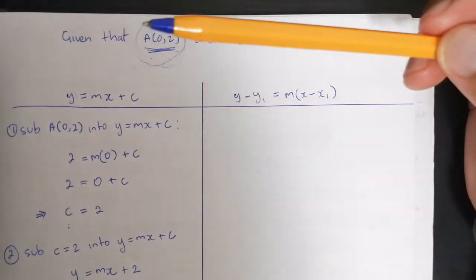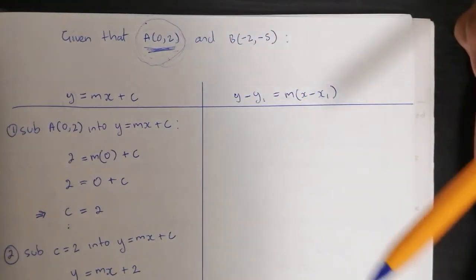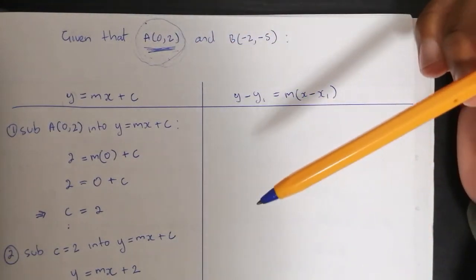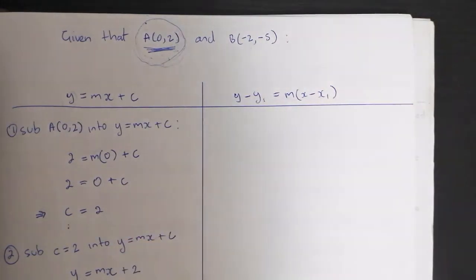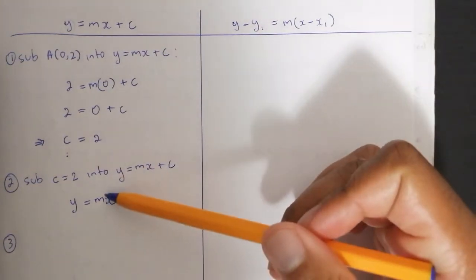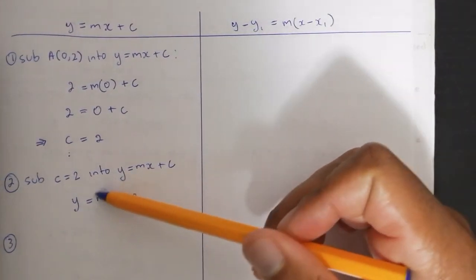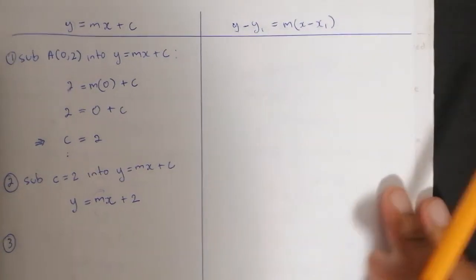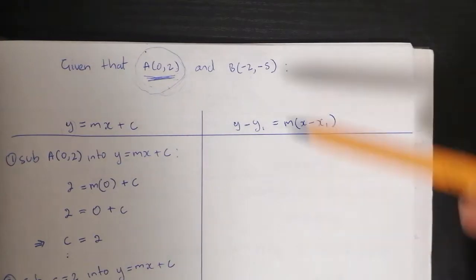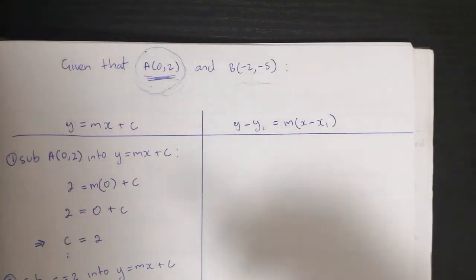Do not use the y-intercept to try and find the gradient, because it's just going to cancel it out. The moment you substitute the y-intercept, so you substitute 0, m is cancelled out. So there's no m for you to find, basically. So in this situation, what we'll do is we'll use B.